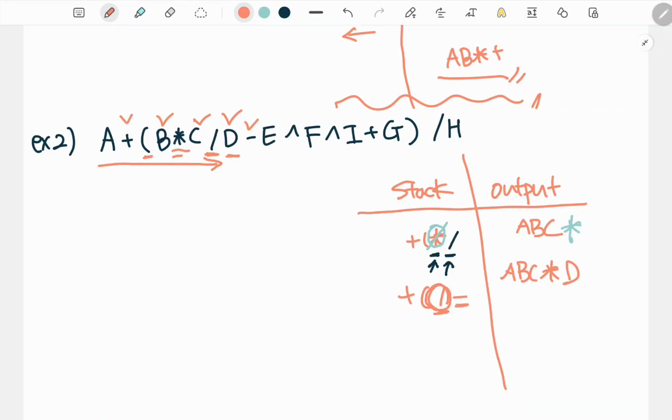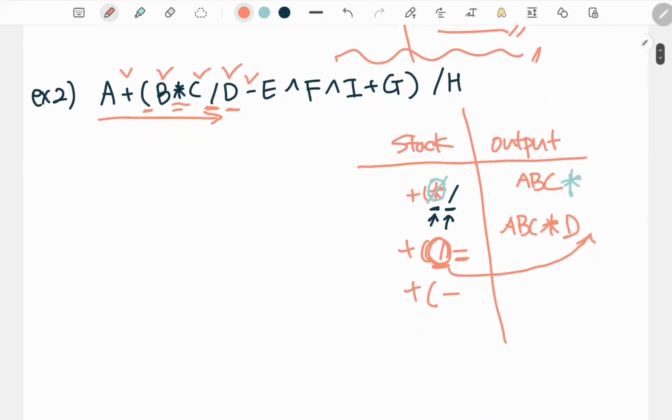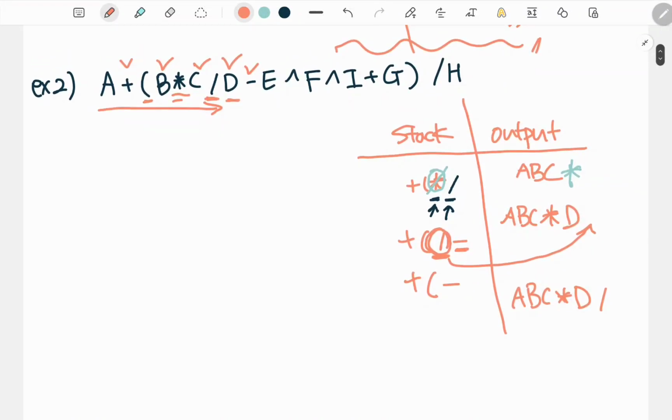But if the remaining operator has higher precedence, you have to pop it out. So we would have this in the remaining stack, and we would pop this division here, and we would have this as the output. And then next we go on to E.